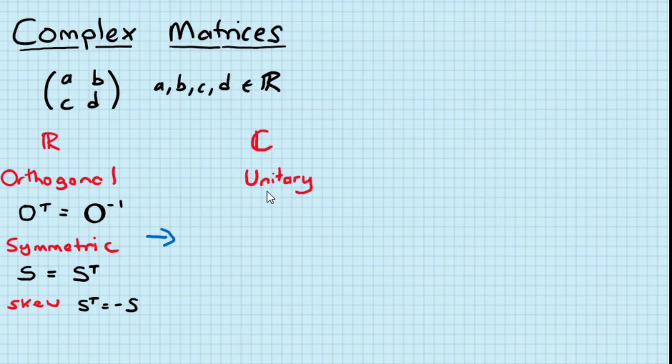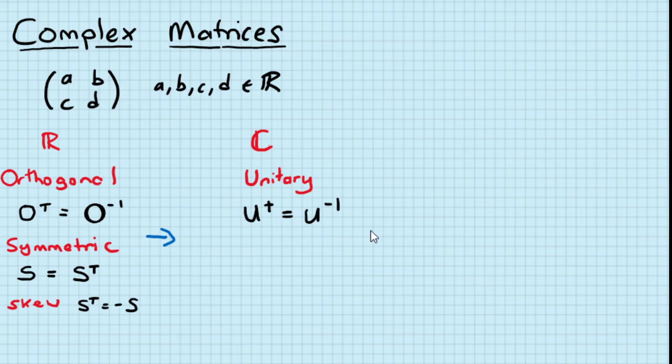So now we're dealing with matrices that have complex entries, complex elements. So A, B, C, and D are elements of the complex numbers. In that case, you have that U dagger, not transpose, but dagger, is equal to the inverse.